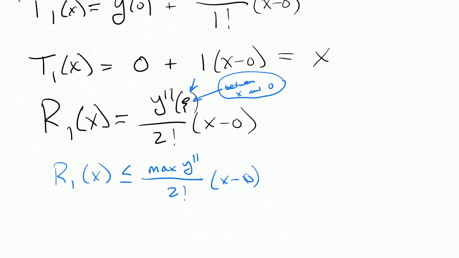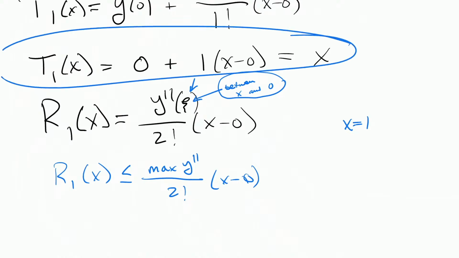Let's do x equals 1 just for fun. What that means is I'm going to evaluate arctan of 1 using this Taylor polynomial at x equals 1, which is approximately equal to 1.